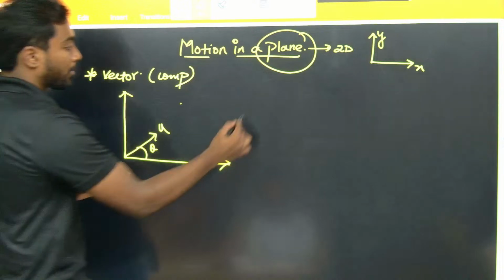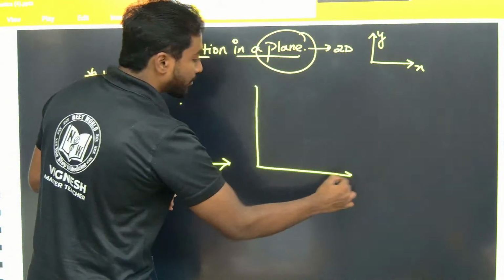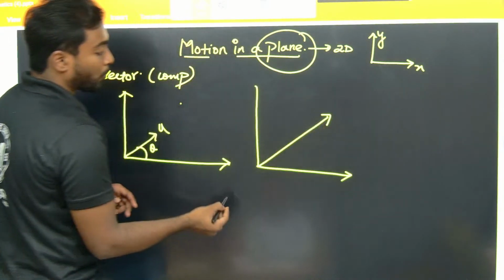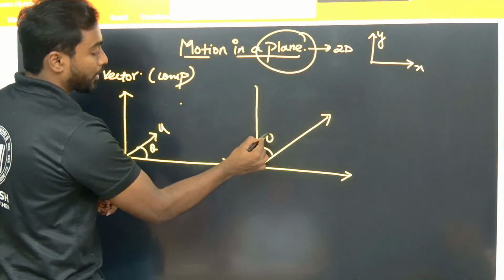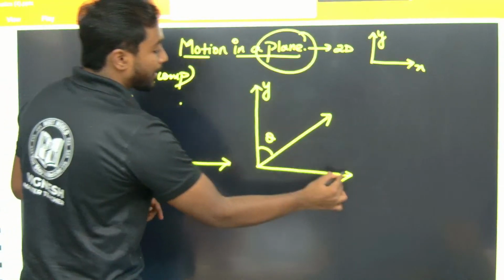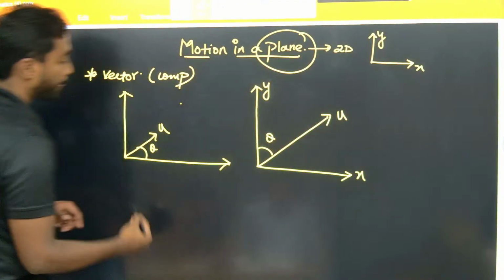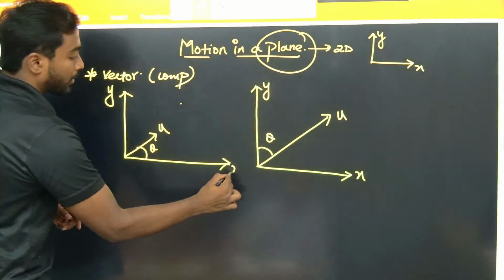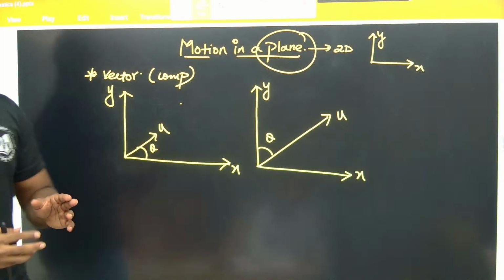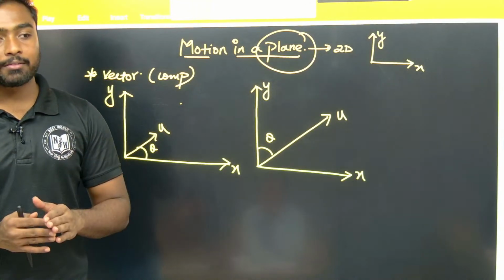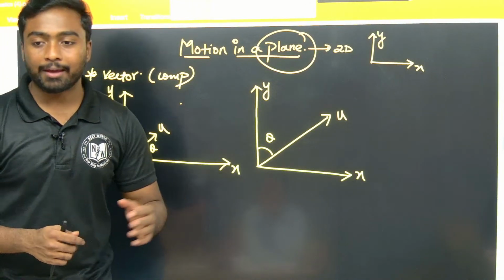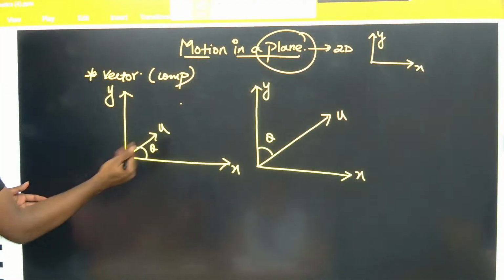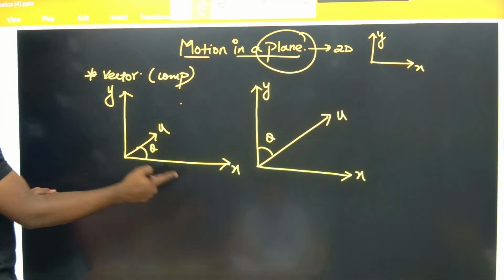If theta is with respect to vertical, that is the y axis, you should take accordingly. This is the y axis, this is the x axis, this is u. Got it? Now keep in mind, whenever theta is close to the axis, it is cos theta, and away from the axis it is sin theta. Here theta is close to which axis? The x axis.